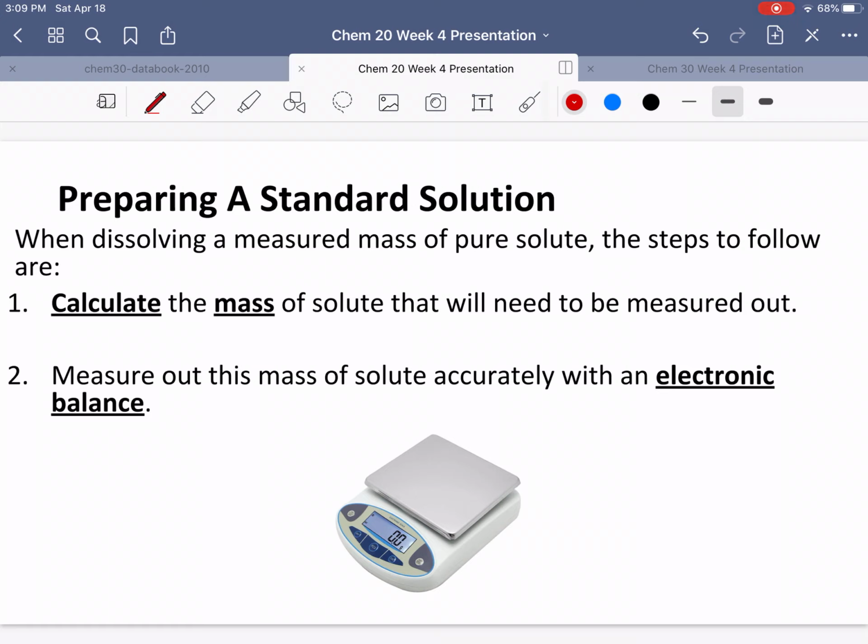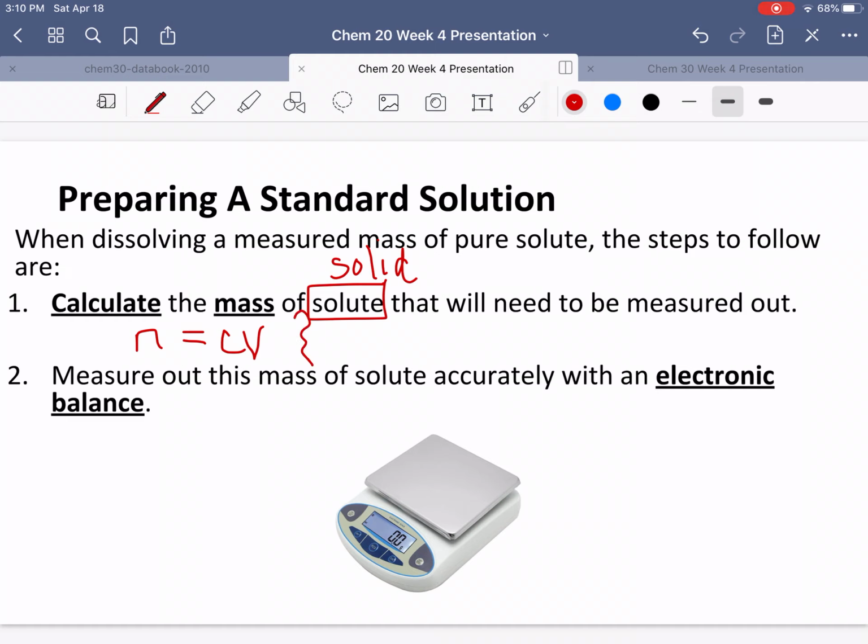Okay. Now, going back to this, when we're calculating the mass of the solute, I'm talking about calculating the mass of solid that's required. And you doing this is going to be based upon what the concentration is. So if you know that you're trying to make a certain volume of solution and you want it to be a specific concentration, as long as you have those two things, you can get the number of moles.